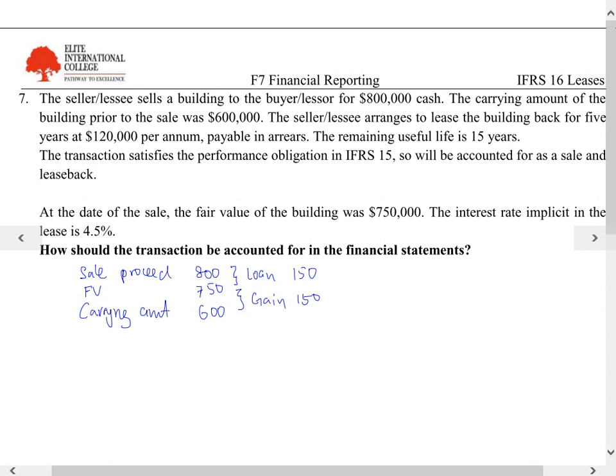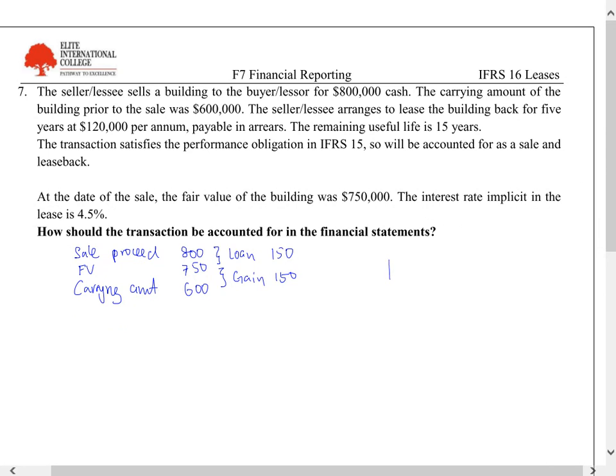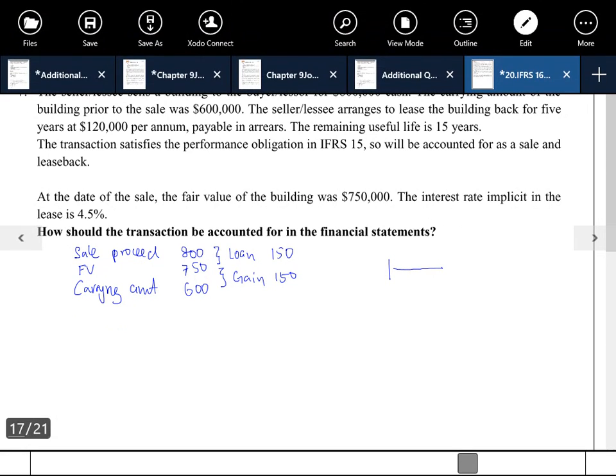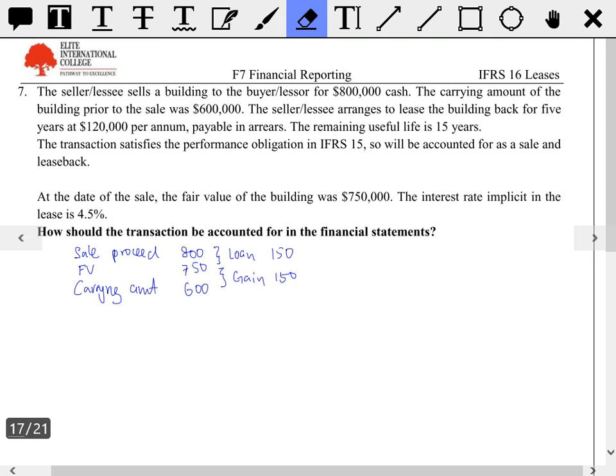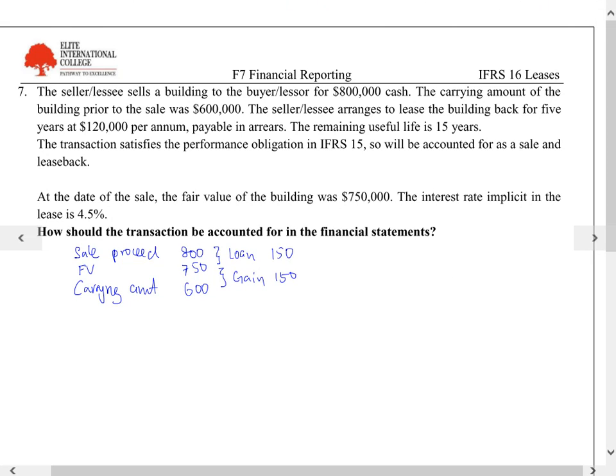So the present value of minimum lease payments is not given. Payable in arrears, 1, 2, 3, 4, 5, 120.